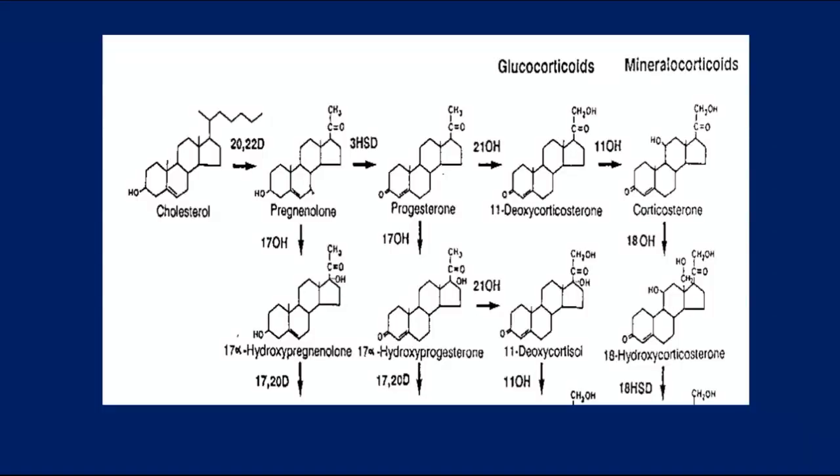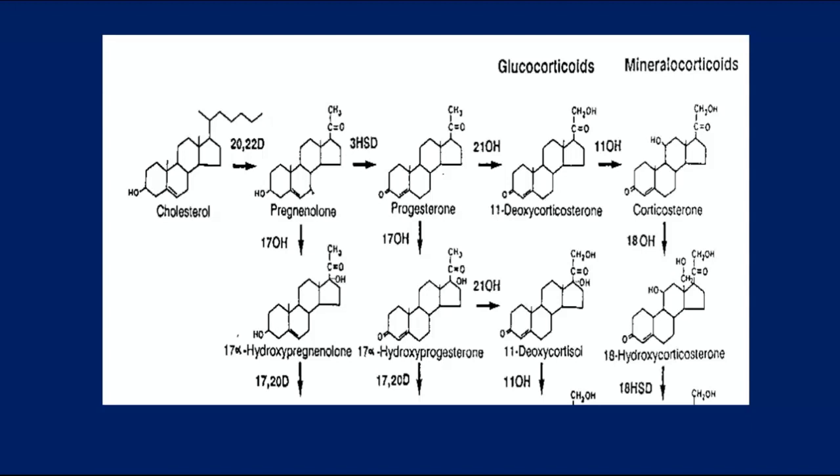As we follow the pathway, you see cholesterol in the upper left-hand corner, which through a hydroxylase will go to pregnenolone, and in turn through a dehydrogenase enzyme, pregnenolone can go to progesterone. Then these follow south to hydroxypregnenolone and hydroxyprogesterone after being acted on by 17-alpha hydroxylase.